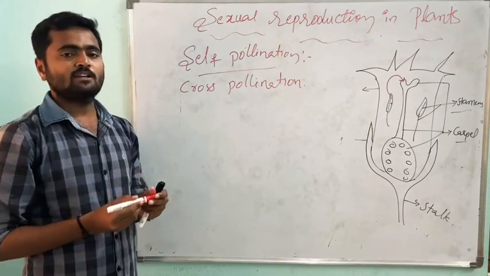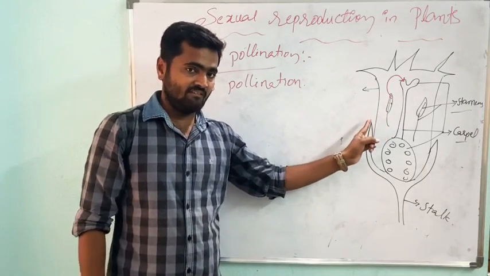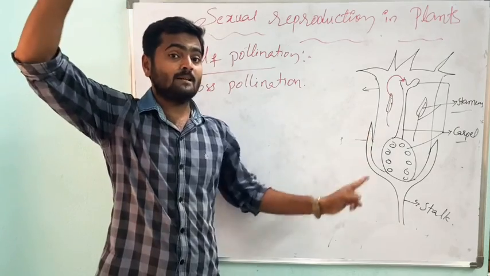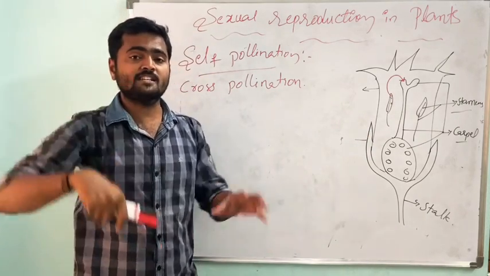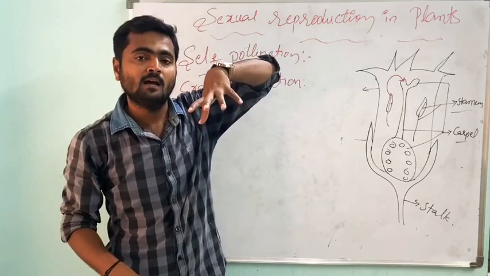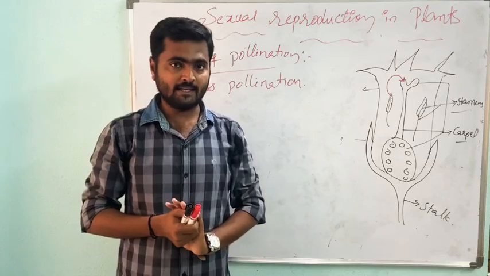So what is meant by cross-pollination? In a simple way, pollen grains of one flower reaching the stigma of another flower, which is located on the same plant or another plant of the same group. Clear, Nana?